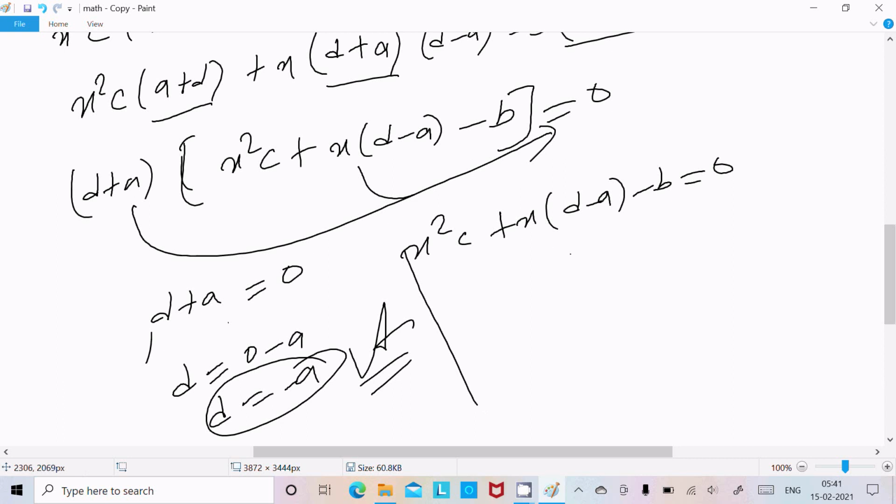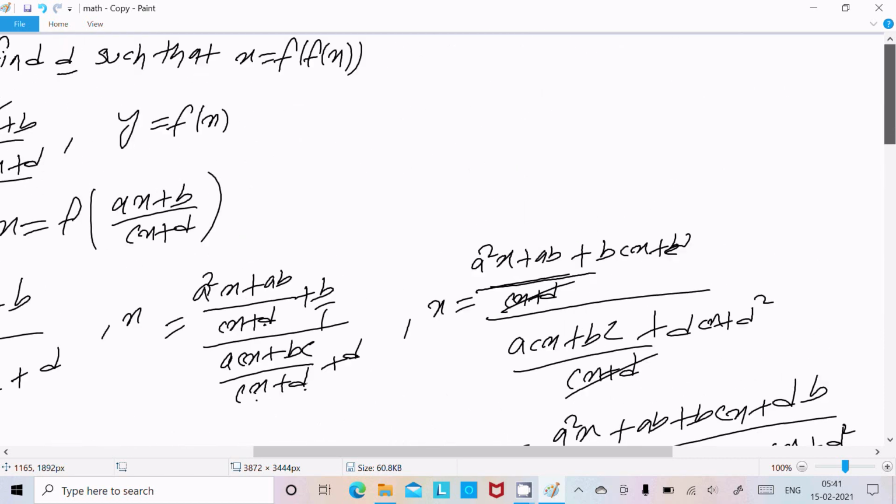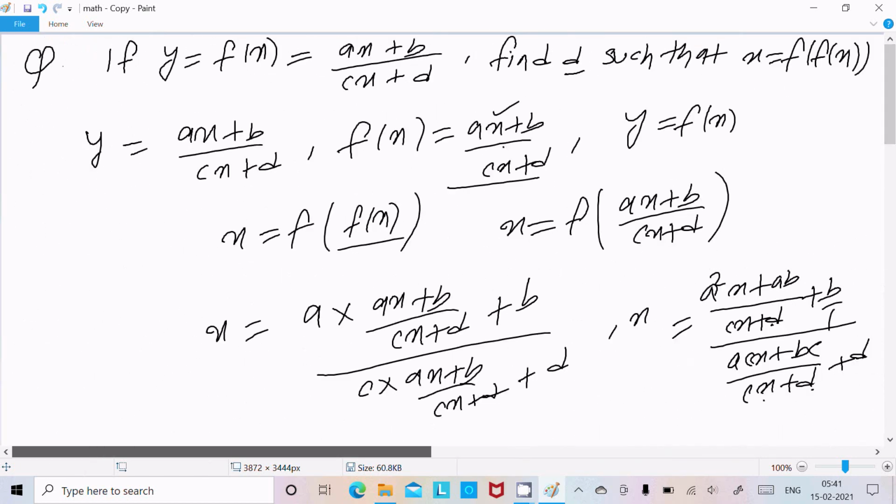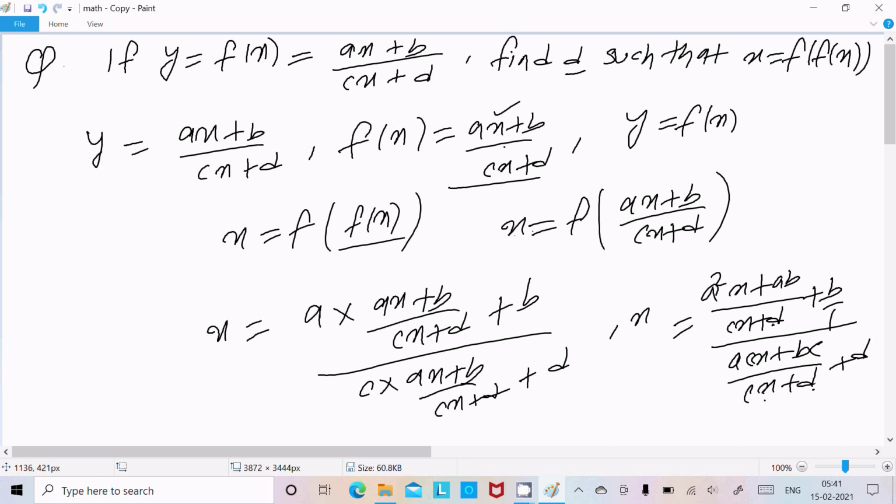So next, no need to calculate this one, directly I can find d = −a. If you want, then you can just calculate this quadratic equation, the same value d = −a will come. So this is the way we can solve this kind of question, only you need to do the calculation.